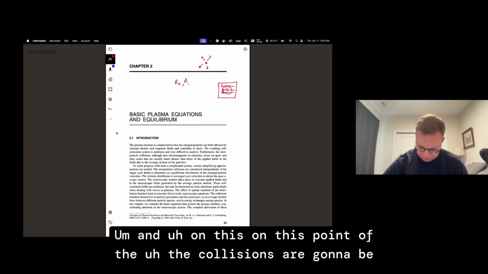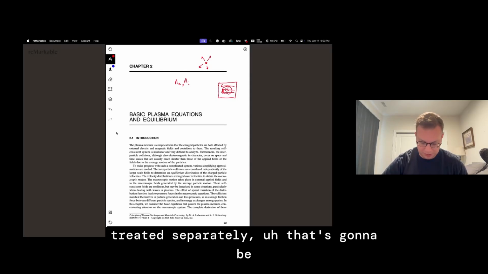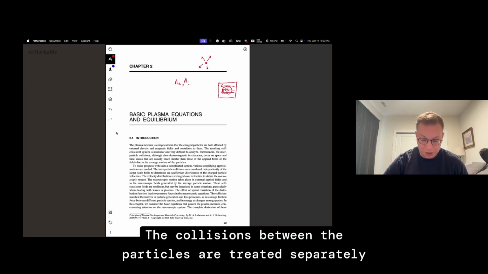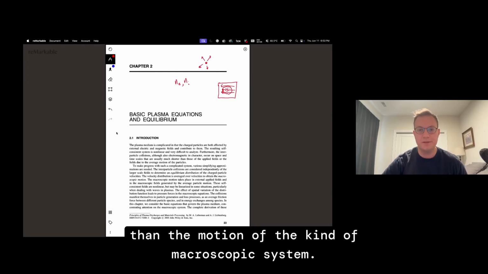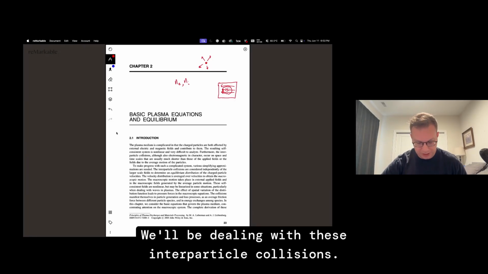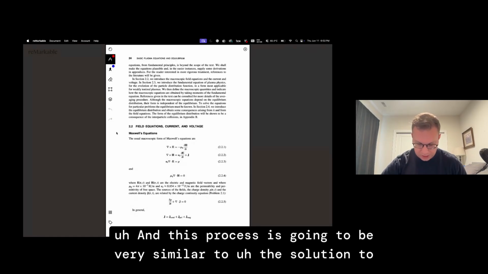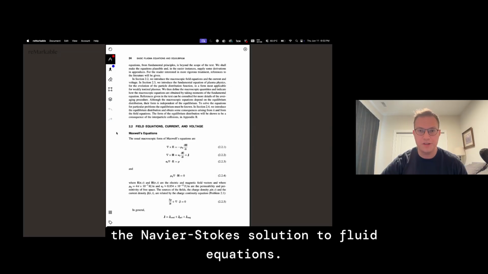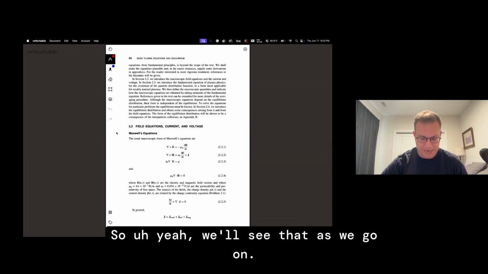On this point, the collisions between the particles are treated separately from the motion of the macroscopic system, and that's going to be the subject of chapter 3. We'll be dealing with these interparticle collisions. And this process is going to be very similar to the solution to the Navier-Stokes fluid equations. So, we'll see that as we go on.